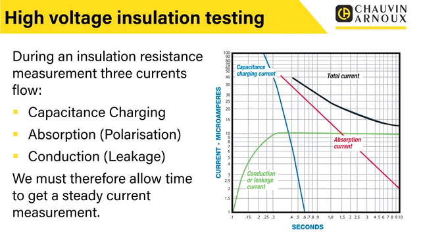When we start looking at testing techniques, you'll see how we use the fact that it starts off and the currents are changing, and then we get to a steady state, and we can use that to tell us a bit more about the condition of the insulation. So just be aware when we're carrying out these tests, this is why we can't just connect it up and say, right, that's your reading. We do have to leave these for a period of time to get a reliable reading of the actual leakage that we want to know and the actual insulation resistance.